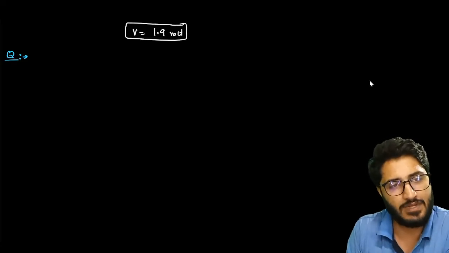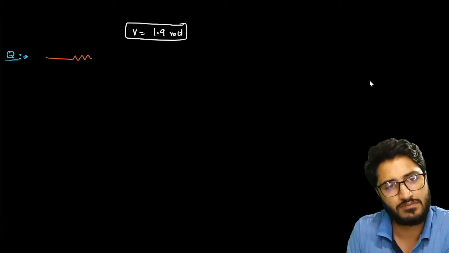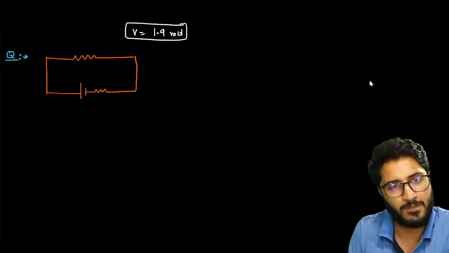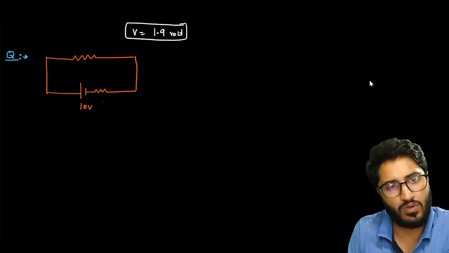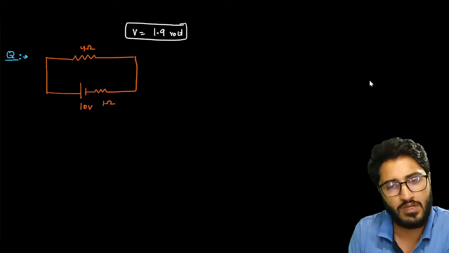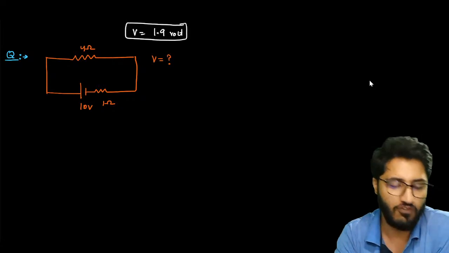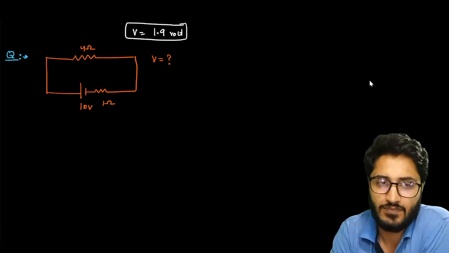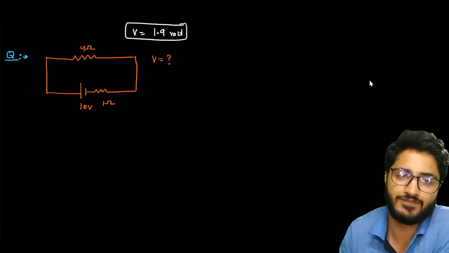If we are having something like this, look now. Then 10 volt, 1 ohm, 4 ohm. We need to write V. Sir, how to write V?